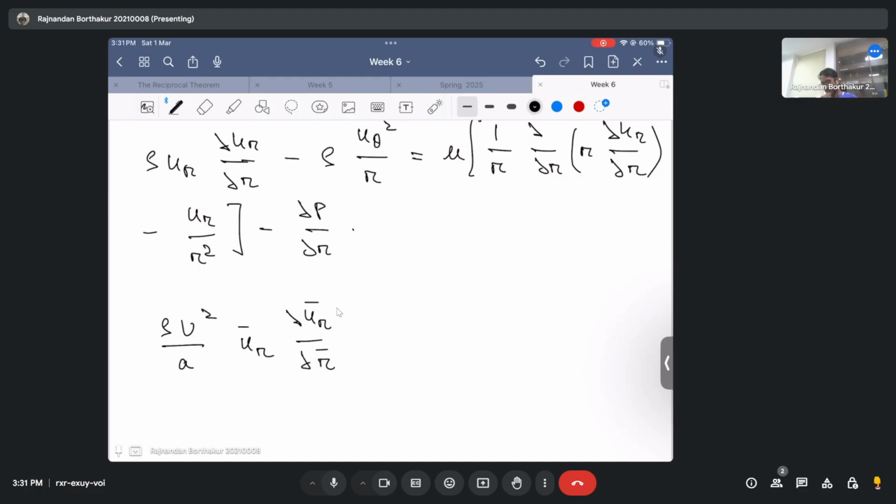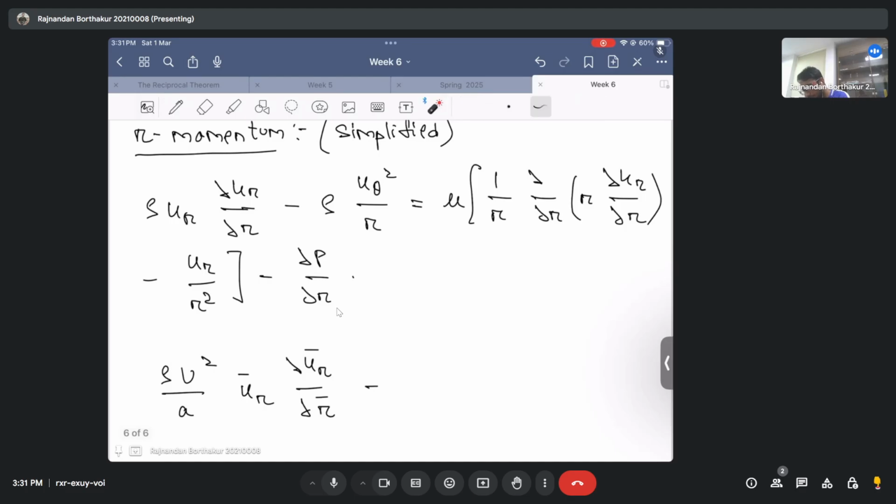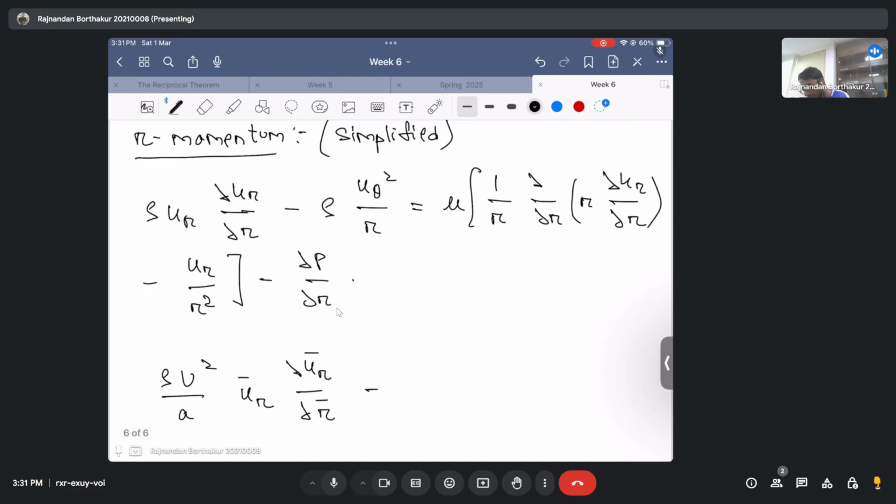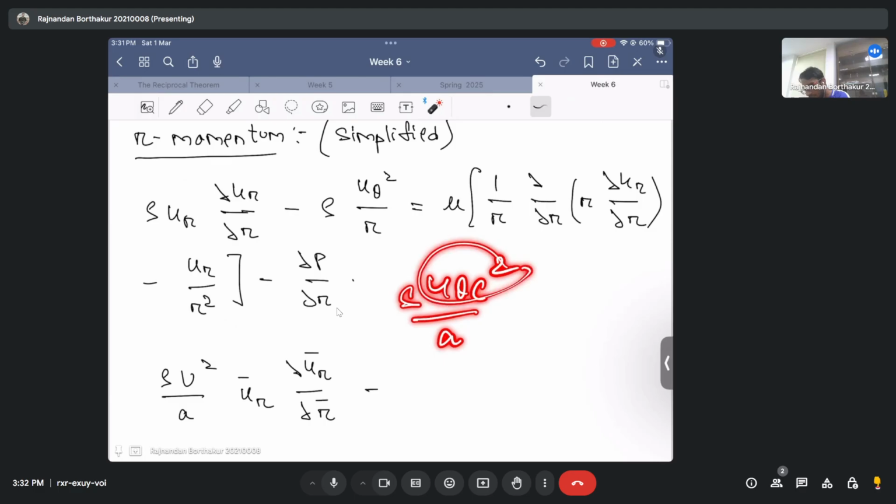Okay, and then this becomes minus of what? So rho is going to be there. This u comes because of the fact that my urc is equal to u. So that's why there is a urc square, which is just u square, and that's why we have a capital U square here. And similarly from here I would get rho times u theta c squared by a, and u theta c squared will just give me omega squared times a squared.